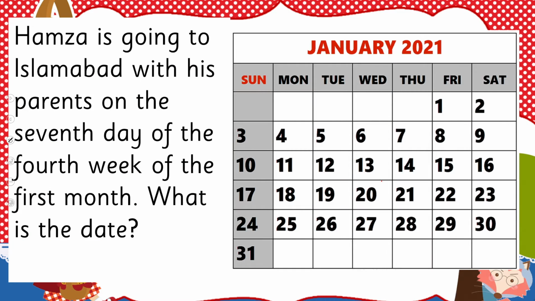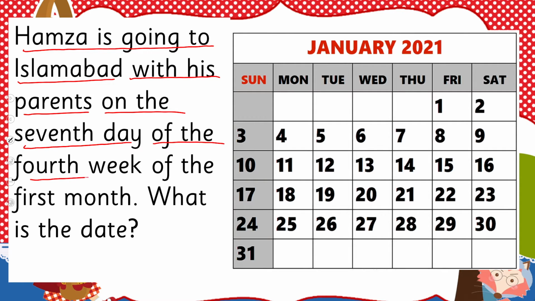In the next situation, Hamza is going to Islamabad with his parents on the 7th day of the 4th week of the first month. Okay, what is the date? Now, the first month is January. And where is the 4th week? 1, 2, 3, 4.